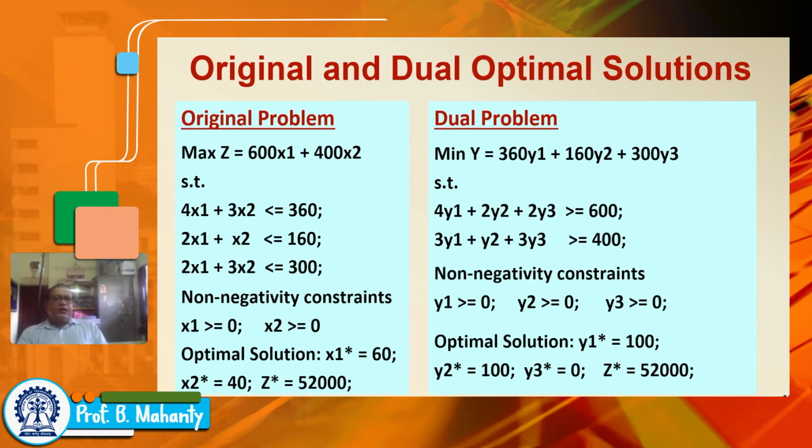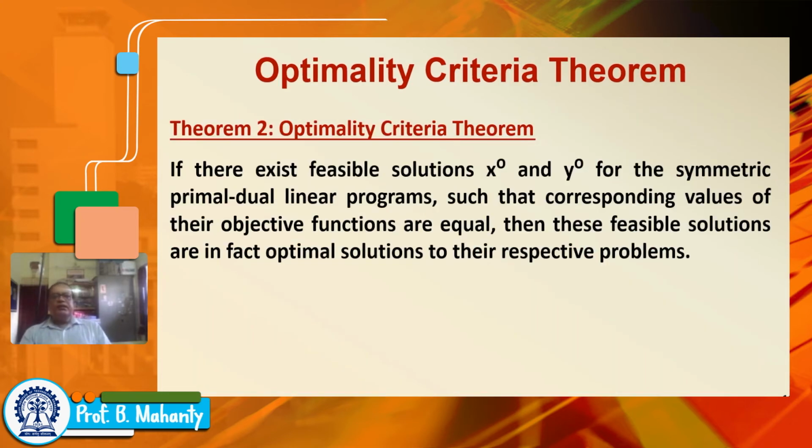So we see that the original problem and the dual problem, they are feasible solutions and their objective function values are equal. So if that happens, then we can immediately say that look here, they are optimum solutions for the primal and the dual problem respectively, right? So having said that, let me read it once again.